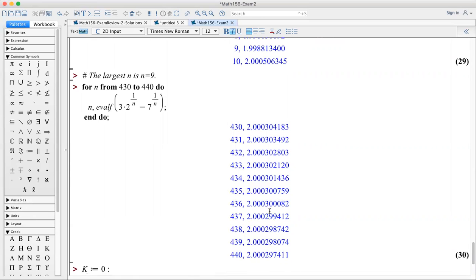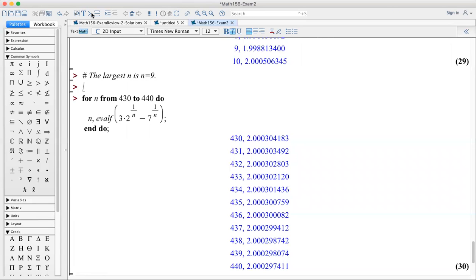That's what I should have said. So let me just correct this here. The largest n for which a of n is greater than 2.0003.